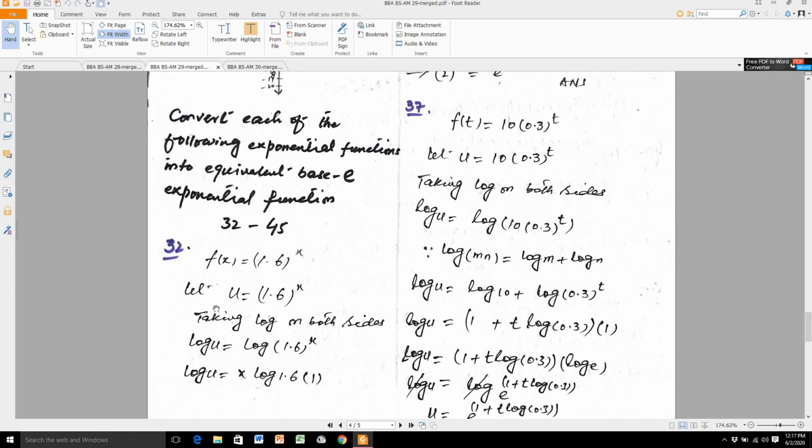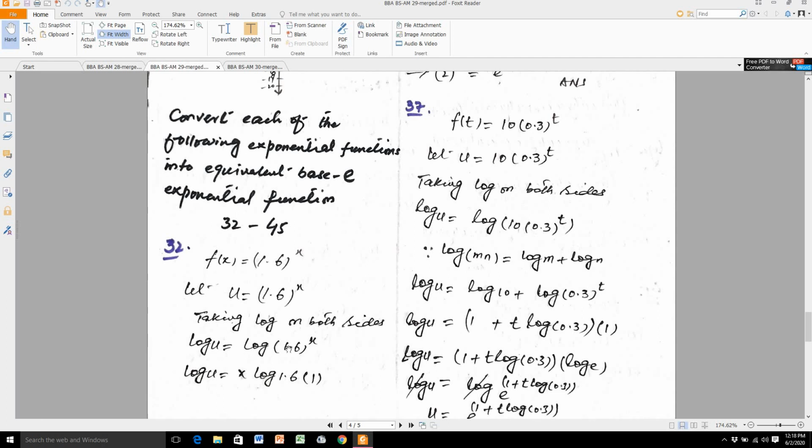So first of all I let u is equal to 1.6 raised to the power x. Then I take log on both sides. So in this way you get log u is equal to log of 1.6 raised to the power x. And you know there are three laws regarding log.